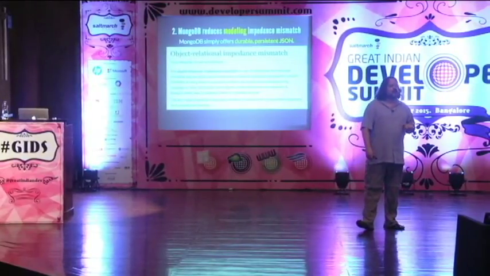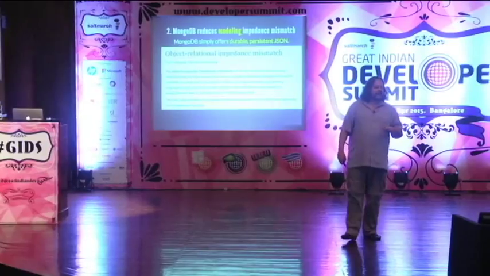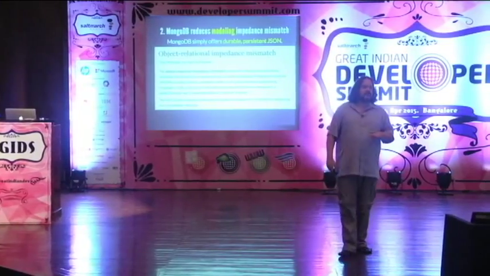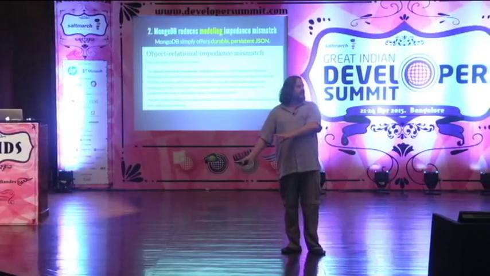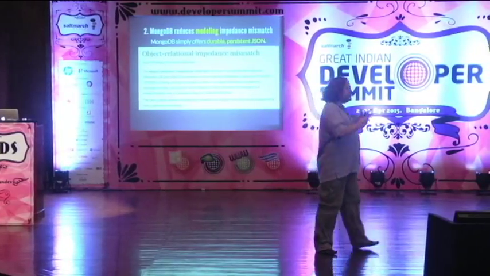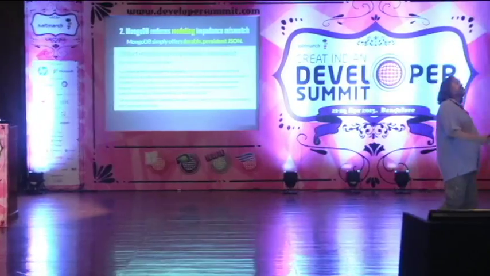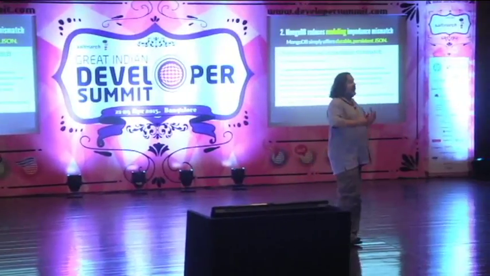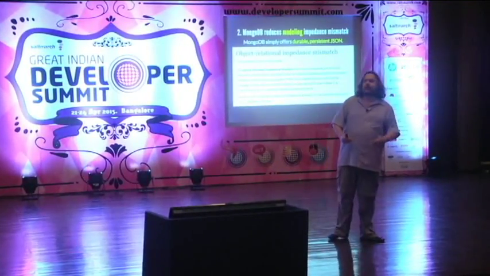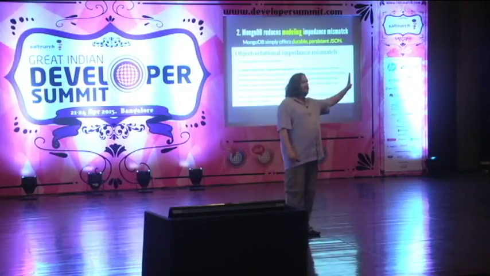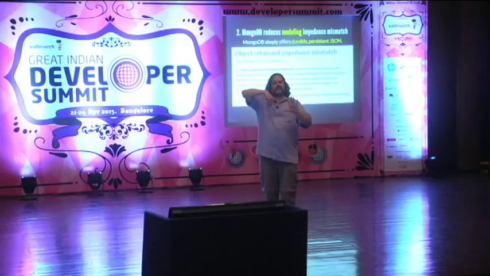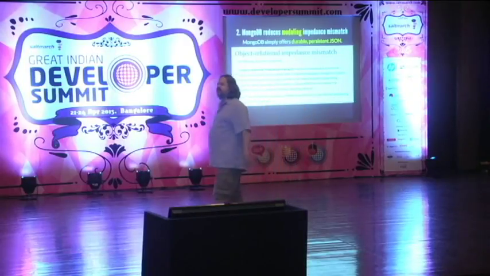We can also talk about reducing the modeling impedance mismatch. And at the end of the day, what this means is whatever you can think of on the client, you end up saving it. But you're not just saving it in a blob, you're saving it as a JSON object. And that JSON object is queryable. Your query language allows you to search for main level docs and subdocs inside of it and arrays inside of that.